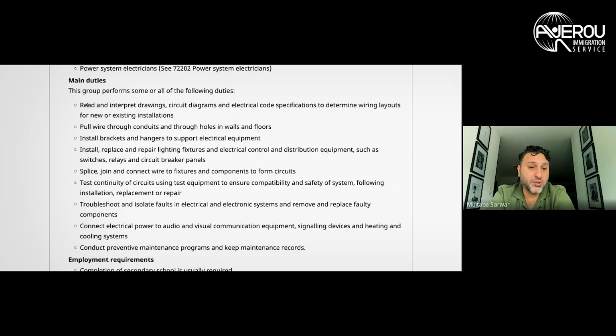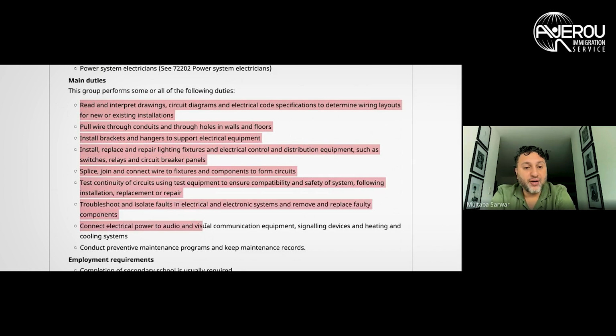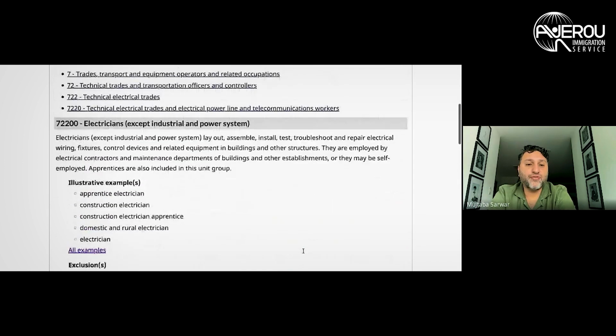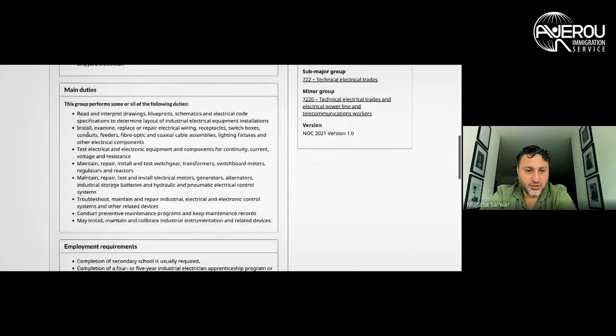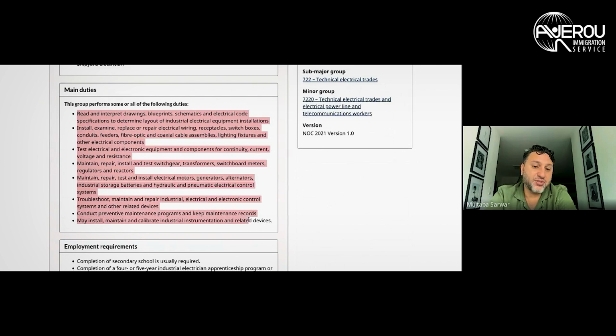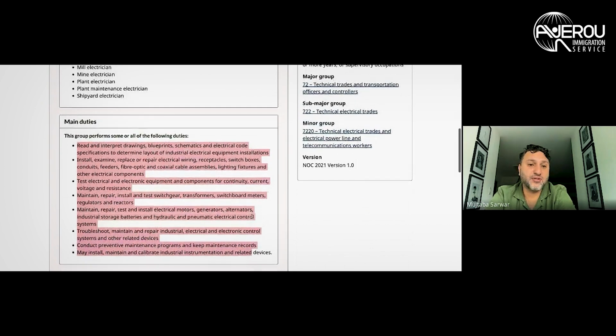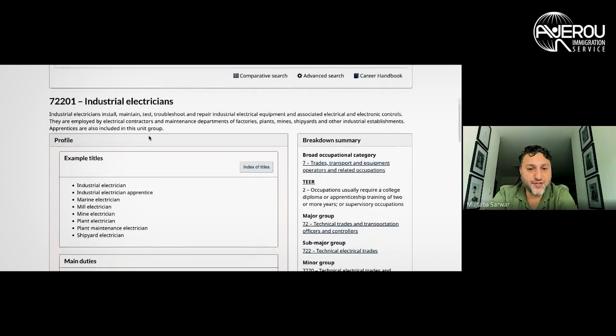Then we went to the main duties. Now the funny thing is, all of these duties were also available in the other code. You'll see these duties are very similar to the duties for an electrician, but what's different? The difference is this description.